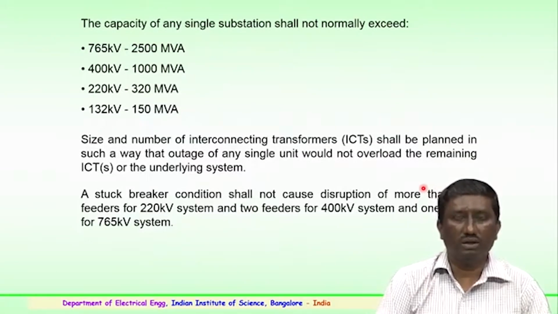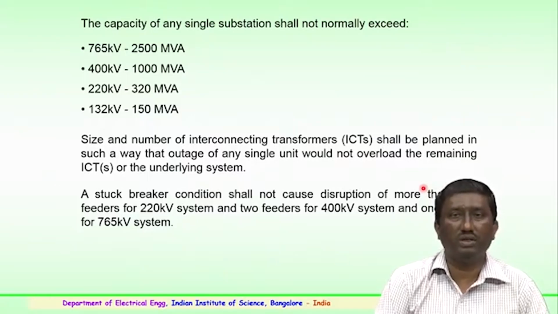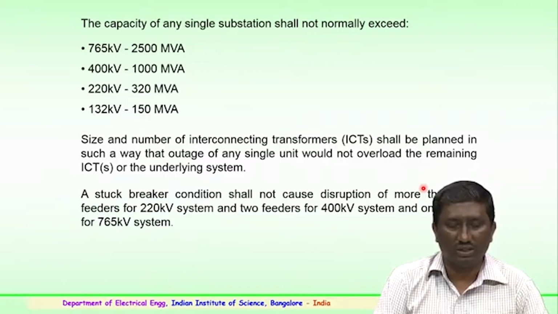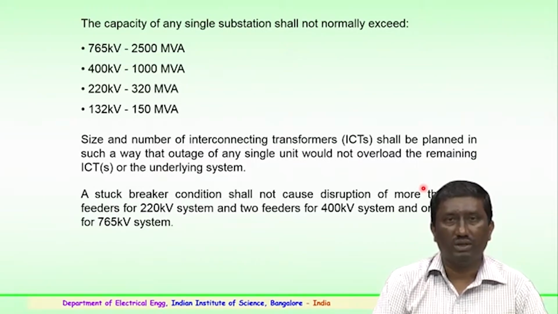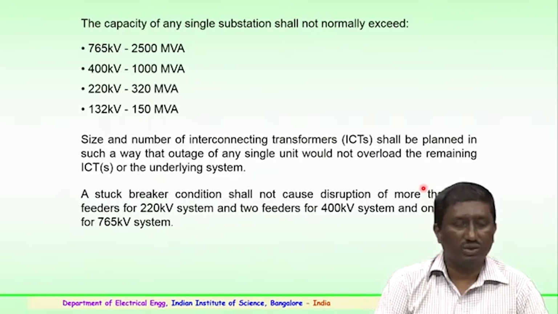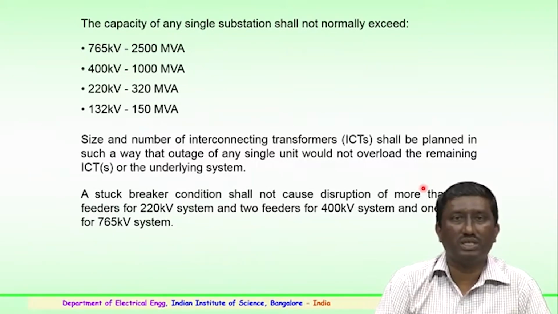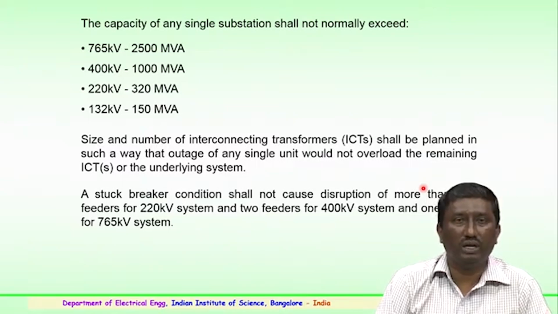The capacity of any substation is normally prescribed as per the international and national regulations, and it should not normally exceed the prescribed limits of the megawatt or MVA level of the substations. So, you can see here, for a 765 kilovolt or 800 kV transmission network, the substation capability is 2500 MVA of any single substation.